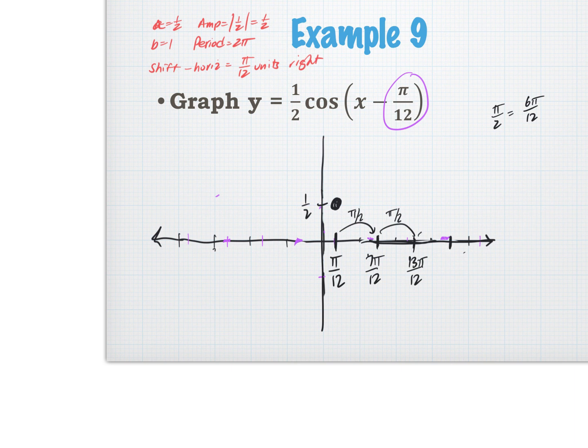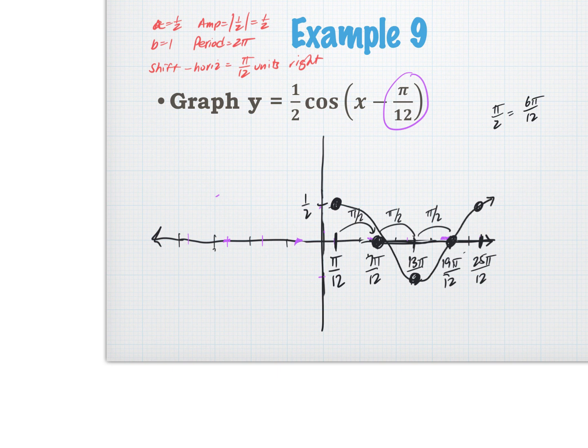When I add it again, I'm going to get 19 pi over 12. And when I do it one last time, I'm going to get 25 pi over 12. So those are going to be my values. This is going to be my 0, this is my minimum, here's back at 0, and here's my max. And my graph looks like that.